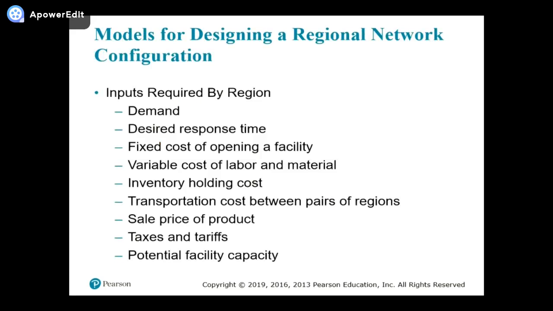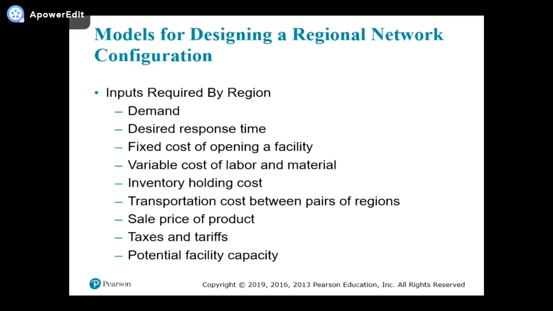So these are the summary of the inputs we need to make these network design decisions. So we need to know the demand, and we need to know what is the appropriate level of responsiveness, and we need to know costs.